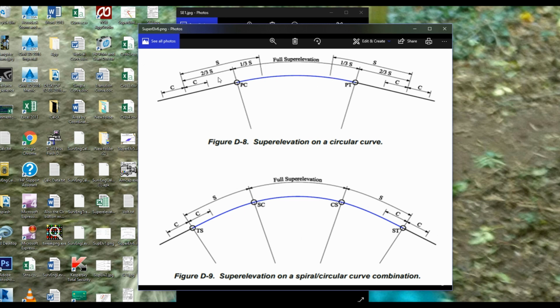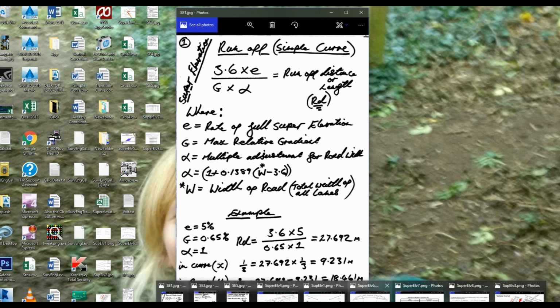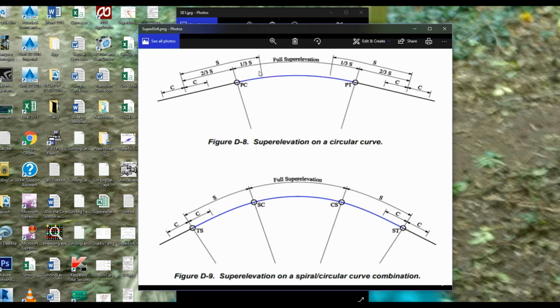So now what we need to do is find out where the 2/3 go in here along the straights on the beginning and the end. So all we do then is basically we take the whole value 27.692, and we would just subtract it from the end chainage of the 1/3, and that would take us out to here.